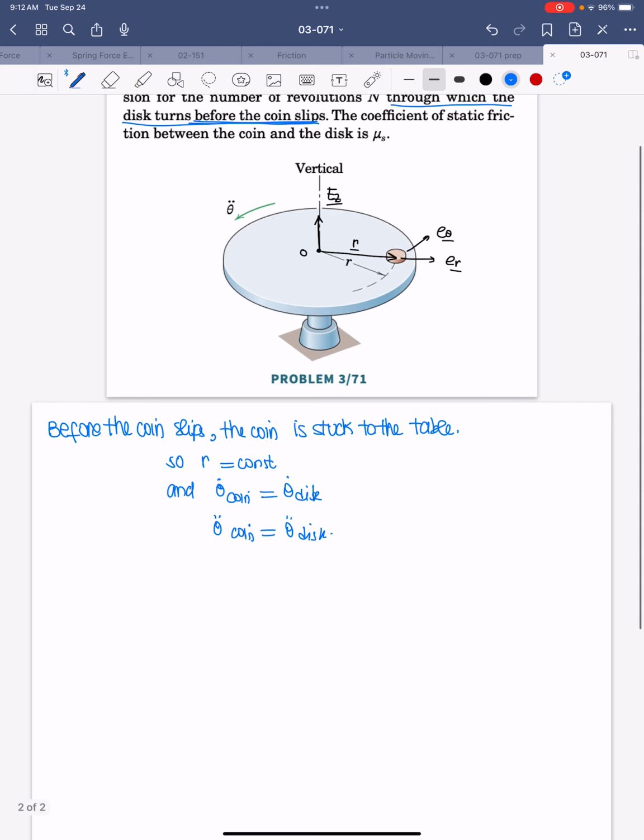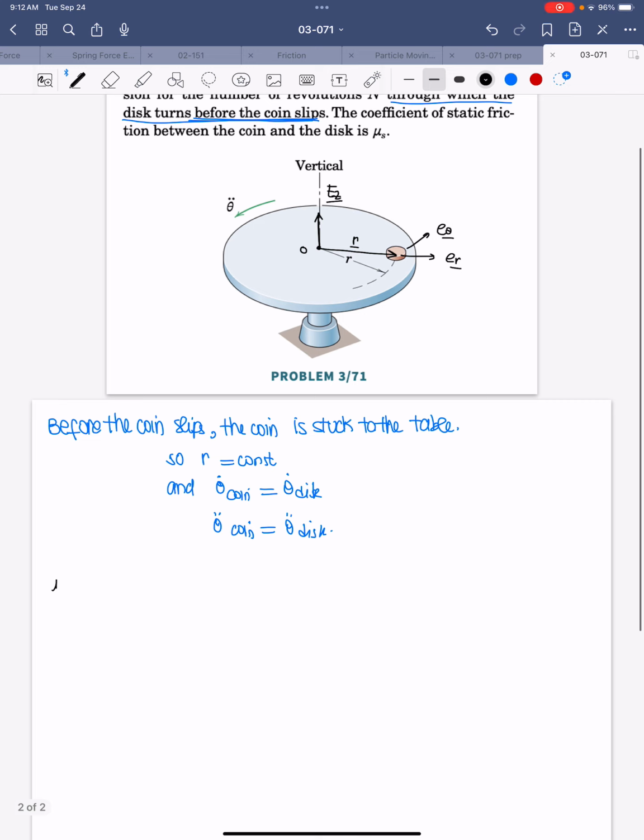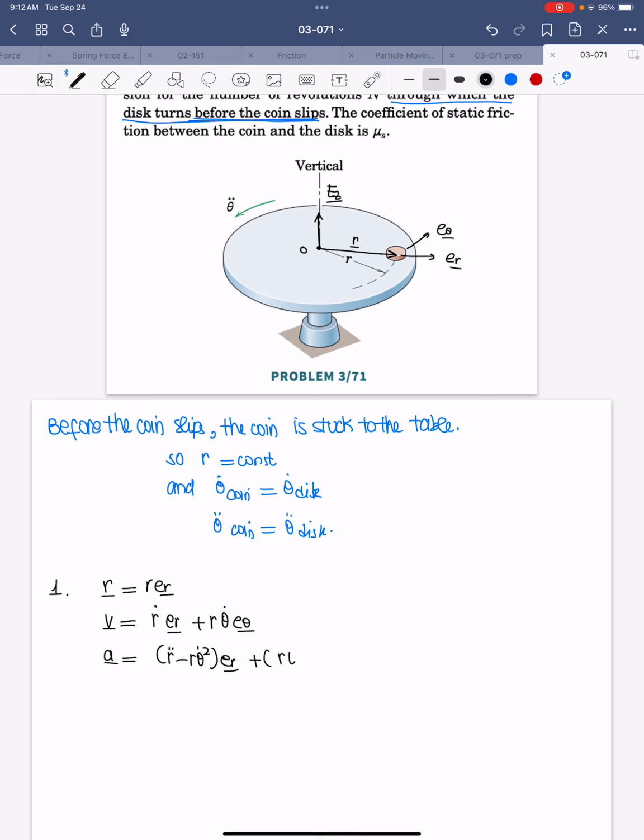Okay, so let me now write my position, velocity, and acceleration vectors. R is R ER, V is R dot ER plus R theta dot E theta, and A is R double dot minus R theta dot squared ER plus R theta double dot plus 2 R dot theta dot E theta.